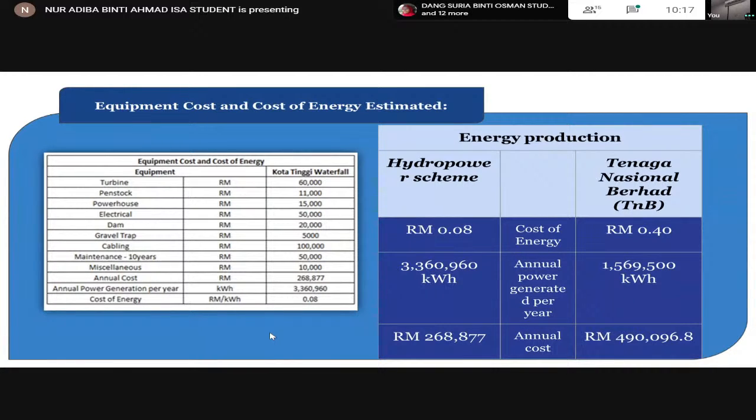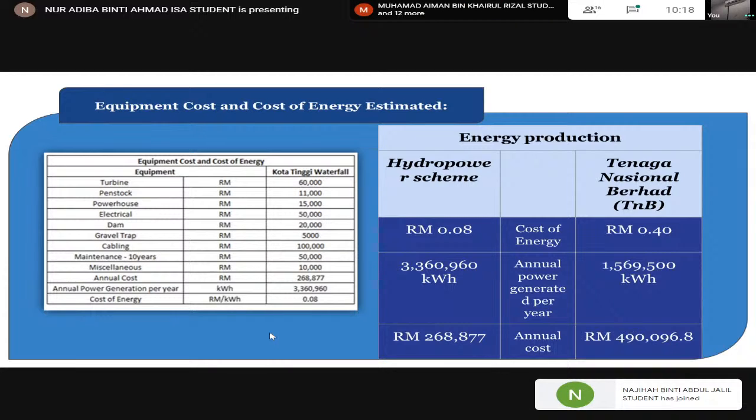Based on our research and our estimated calculation, the cost of energy for hydropower is 0.08 cent compared to the Tenaga Nasional Berhad tariff value, which is 40 cent.